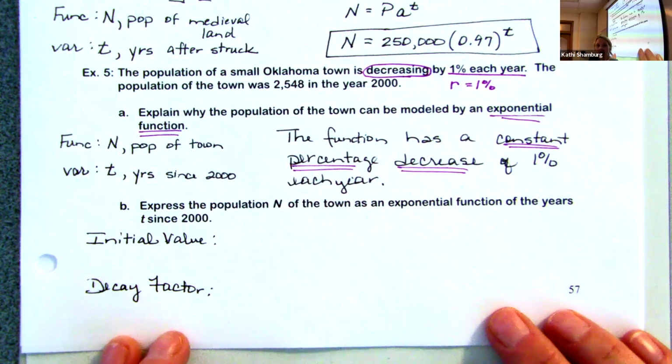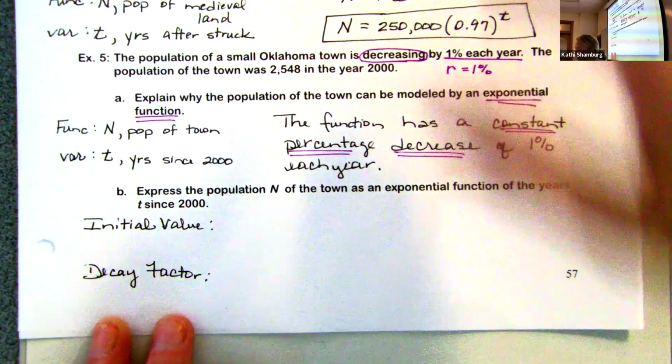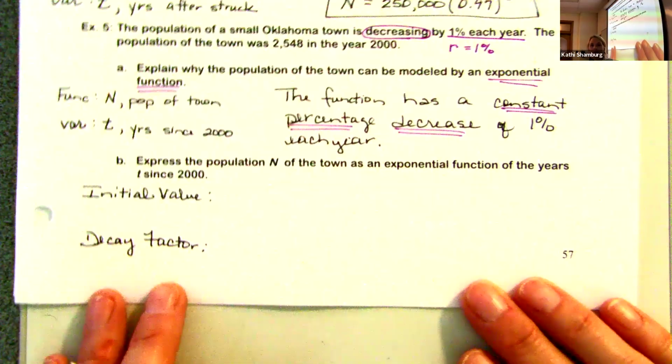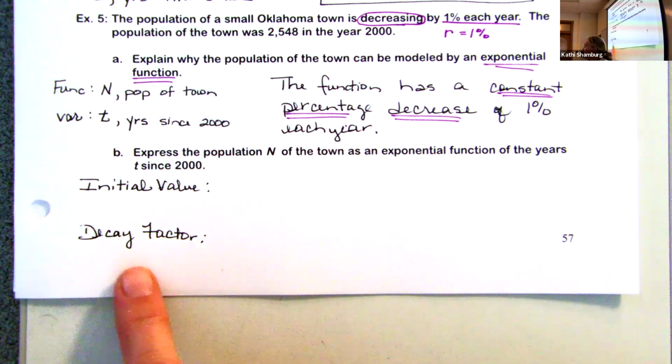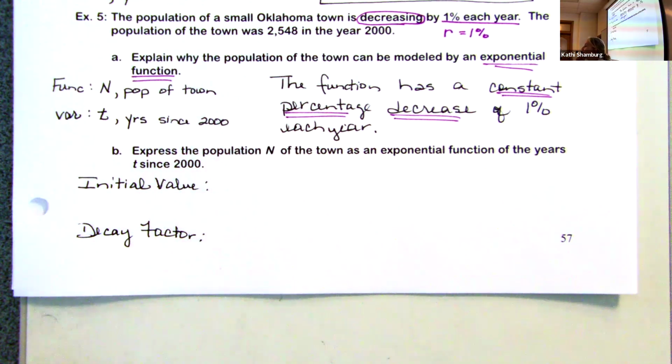So let's start with the initial value. Was that given or can I find the initial value? The initial value is not ever going to be a percent. Percent's always going to be a rate that goes with the decay or growth factor. So that percent we'll deal with in the decay factor.